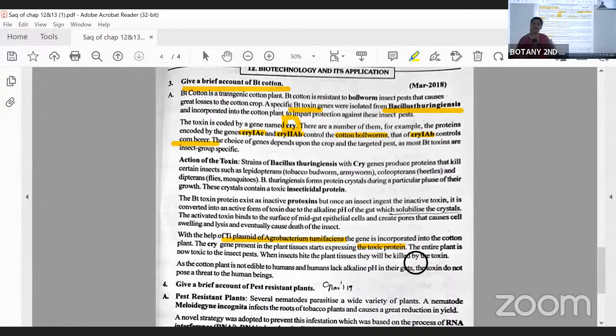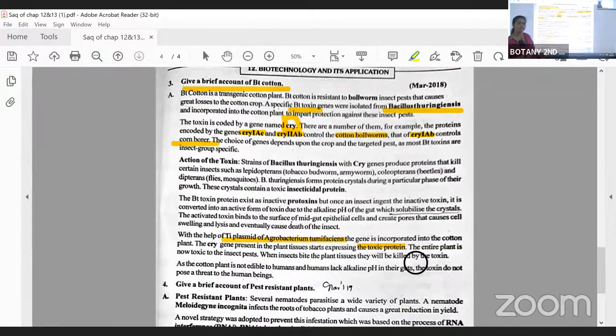So here, Bt cotton is a transgenic plant. If you cannot remember the term transgenic plant, we can say Bt cotton is a plant where we have changed the genotype of the plant body by inserting a disease resistant gene in it.